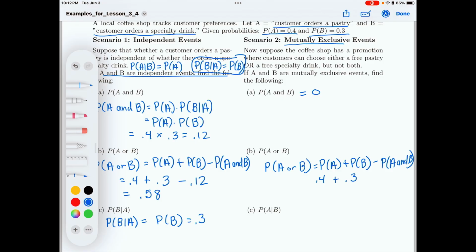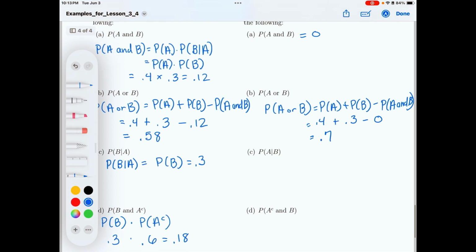So we're just going to add the probability of A, which is 0.4, to the probability of B, which is 0.3. Now, if you want, you can add in a -0 as a reminder that they're mutually exclusive, but you don't have to. So our final answer for part B in scenario 2 is 0.7.